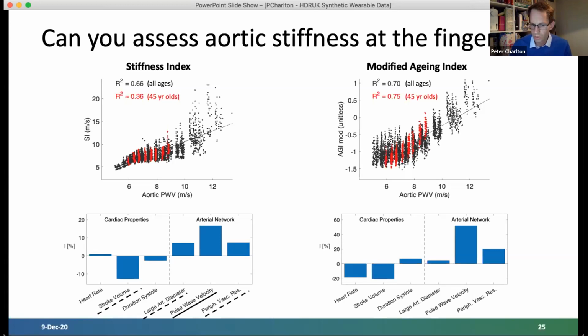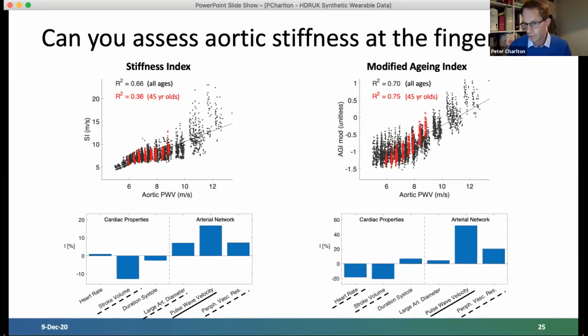But so too did the stroke volume, the large artery diameter, and the peripheral vascular resistance. And the stroke volume and the large artery diameter in particular both changed with age. And so perhaps the change with age observed by the stiffness index was not just due to changes in pulse wave velocity, but was also capturing some of these other changes in input properties.